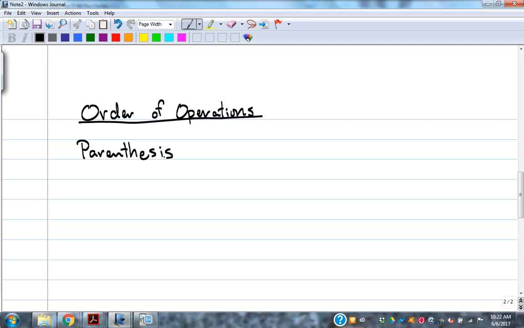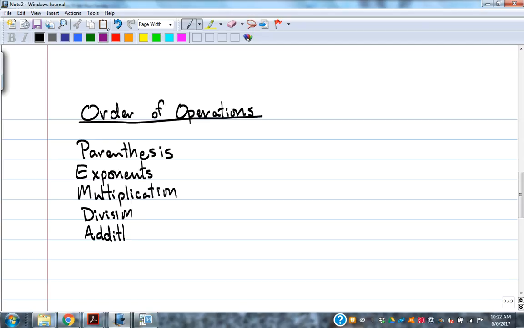But the first thing that you would want to look for is parentheses. That really just means any grouping symbol. So it could be parentheses, it could be brackets, like square brackets, or an absolute value sign is a grouping symbol as well. But we just use the generic term parentheses, and then exponents, multiplication, division, and then addition, and subtraction.